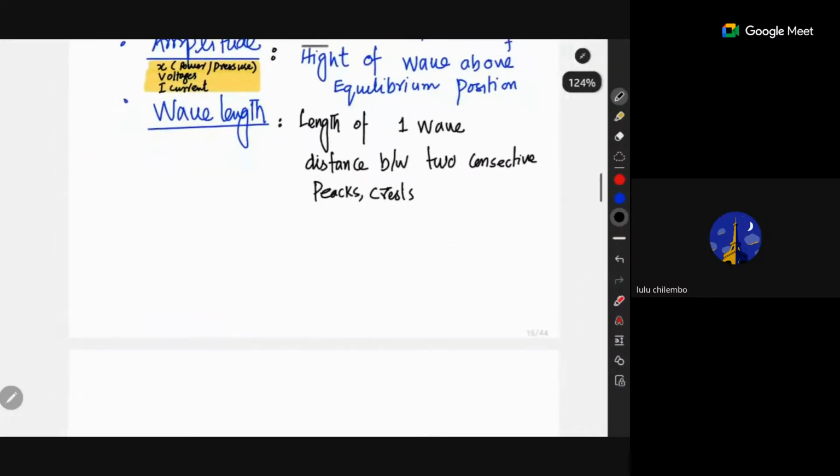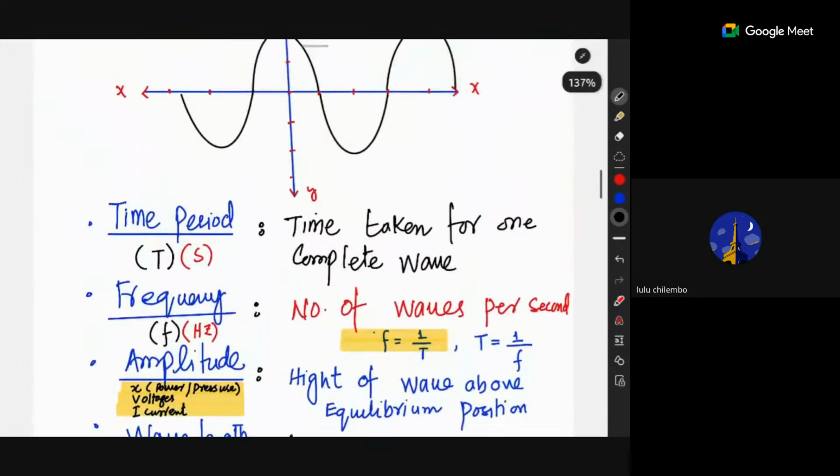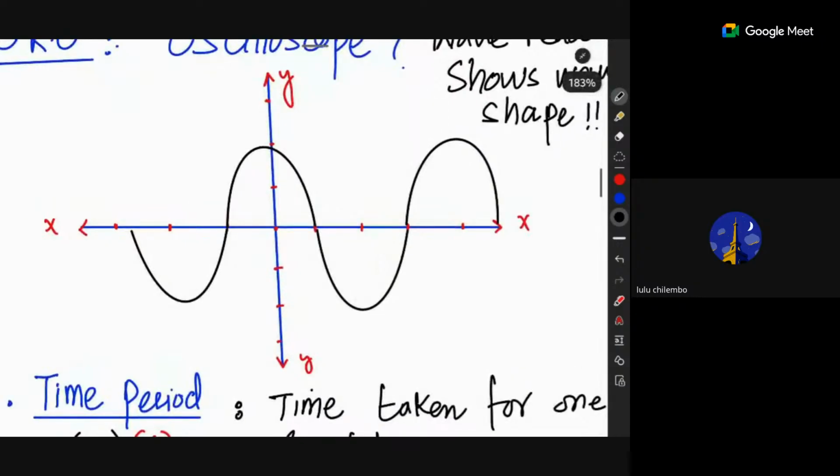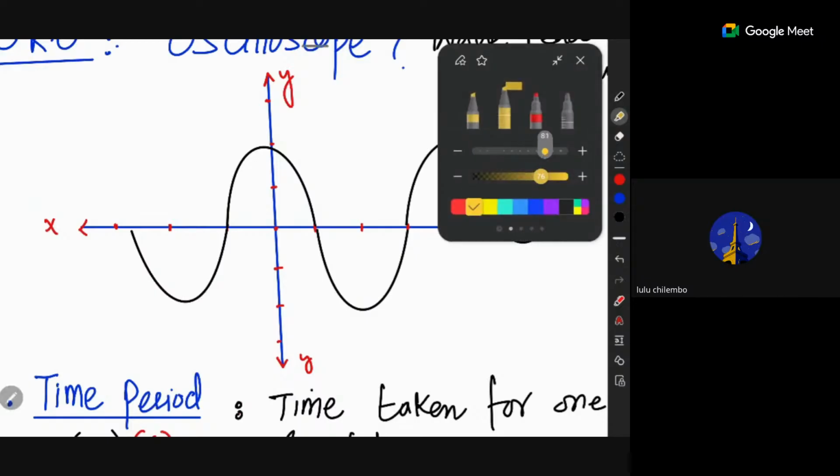Everyone knows this thing. It means that once I'm using a CRO oscilloscope, this x-axis gives you some values and the y-axis gives you different values. So let me explain it to you.